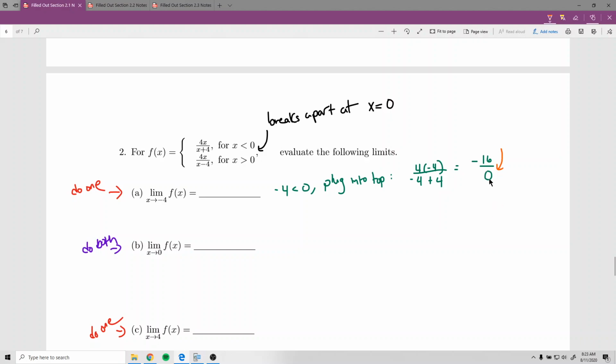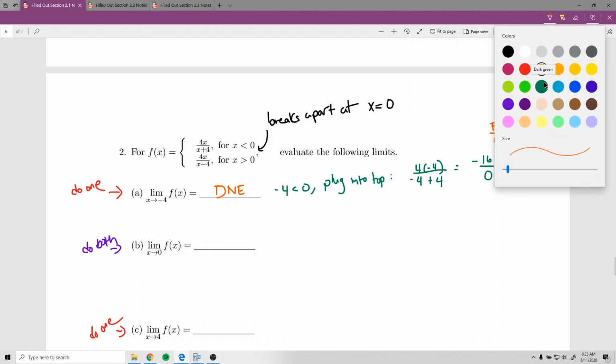I'll tell you right now, when you have 0 on the bottom and the number on top is not 0, that is D and E. If you have 0 over 0, which we'll see an example of after this, that can change. It might not be D and E. But if you have a number that's not 0 over 0, it's D and E. So this limit is D and E for that reason.